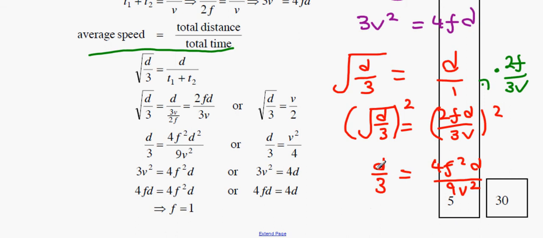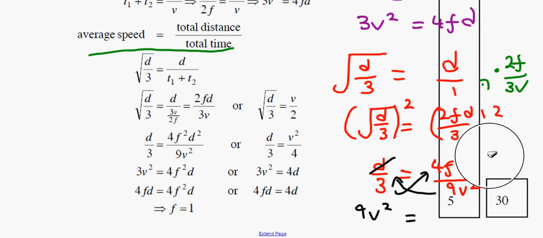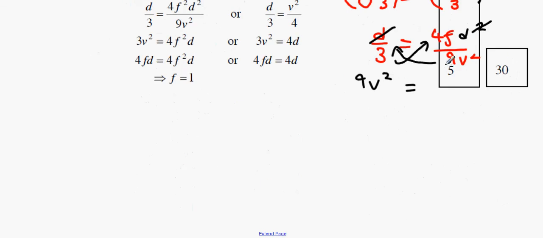The d's will cancel. Cross multiply the 3 up and the 9 up. So we're going to get 9v squared equals 12 times 4f squared d squared. When you cancel the d, it just leaves a d left over. So we're going to get 9v squared equals 12f squared d.